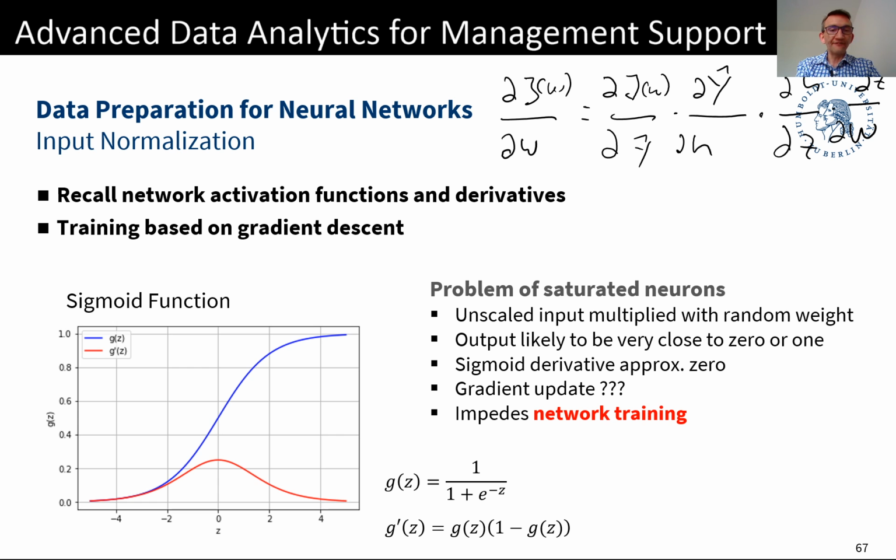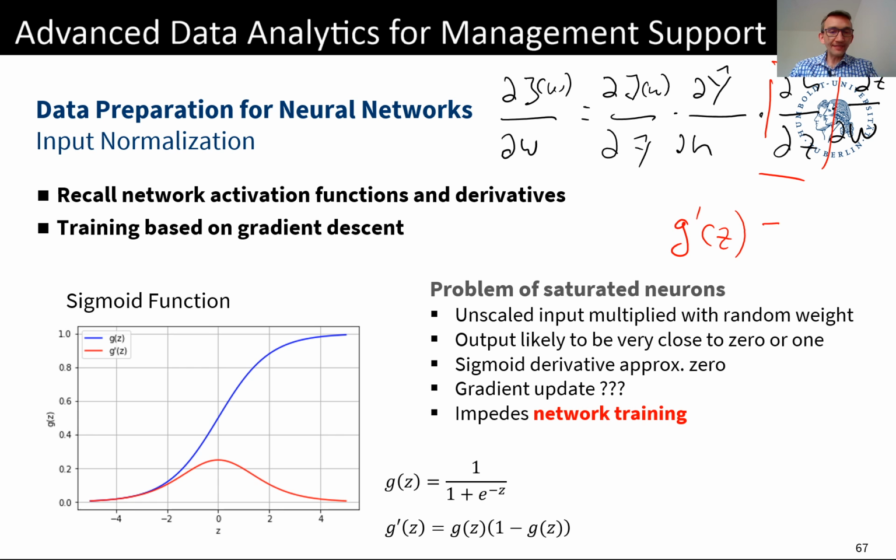This was just an example of how these chains of derivatives look in backpropagation. And this factor here, the derivative of the output of a hidden unit with regard to the input, is exactly where we need our sigmoid derivative.